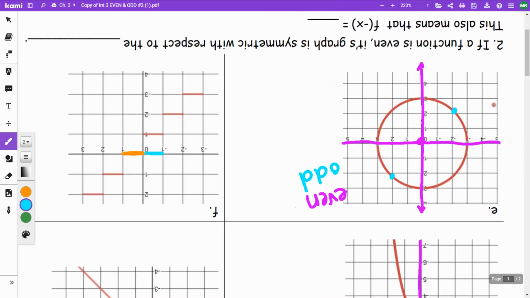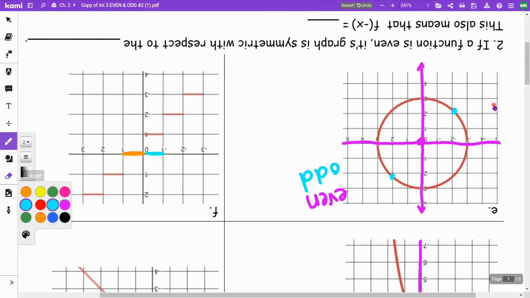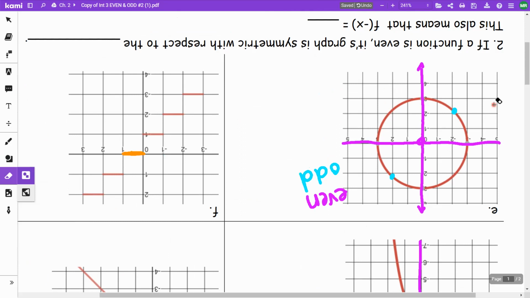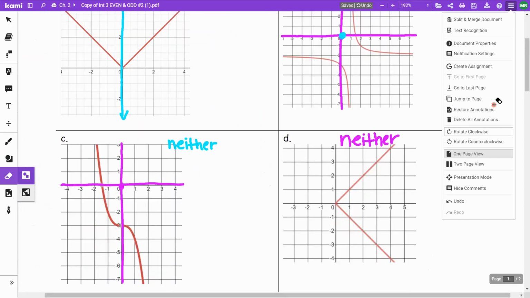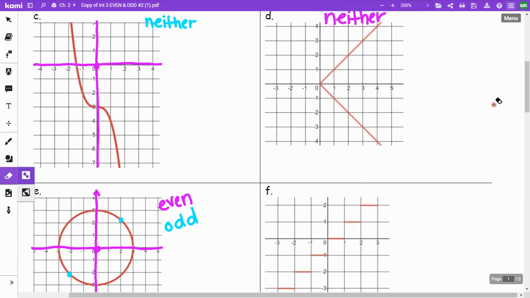So you can see it here. And that's not where I have graph in the original one. My original one, I did not have any graph there. So this one is going to be neither. A lot of neithers on this one.